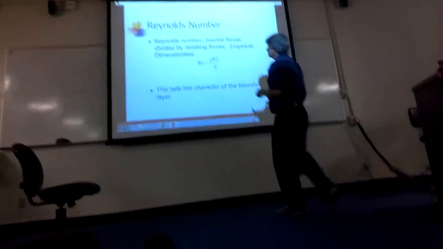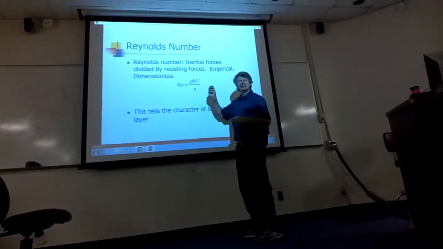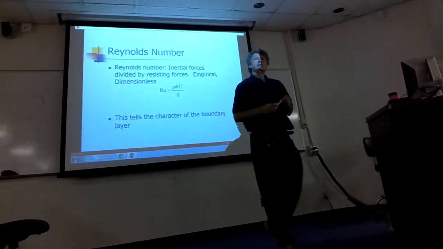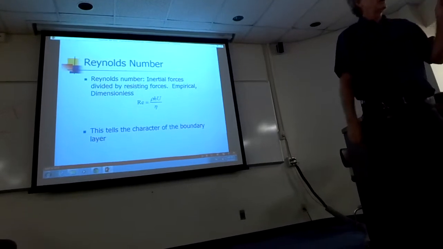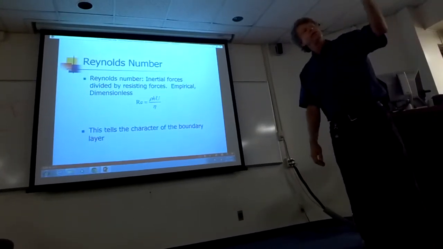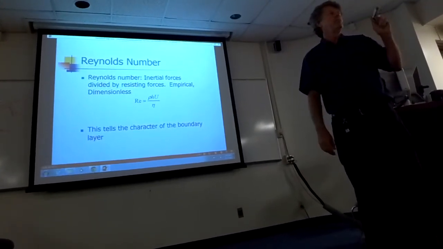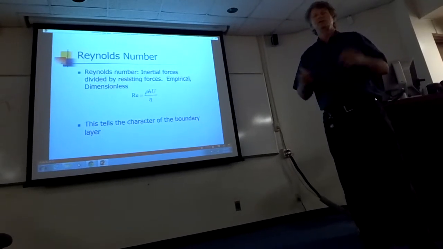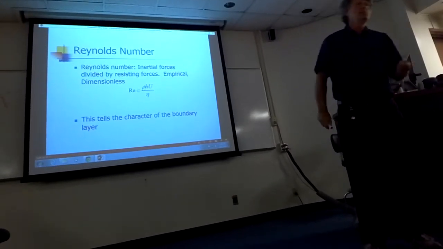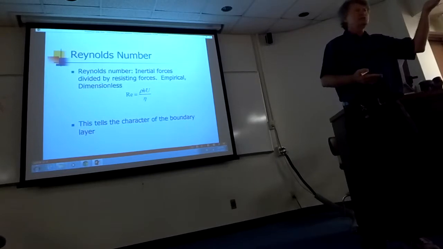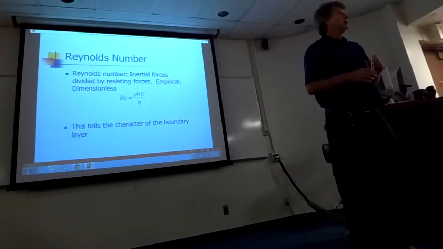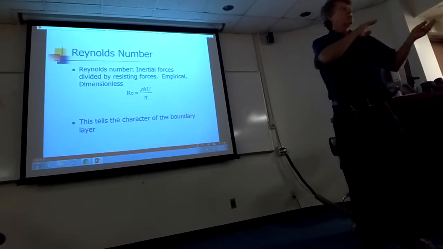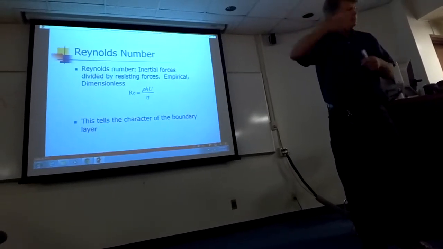When the Reynolds number is greater than 2,000, you have turbulent flow. When it's in between, it's random. If you have a Reynolds number of 1,000, sometimes it's turbulent and sometimes it's laminar, and you can't really tell. It can cruise as laminar for a while and then become turbulent.